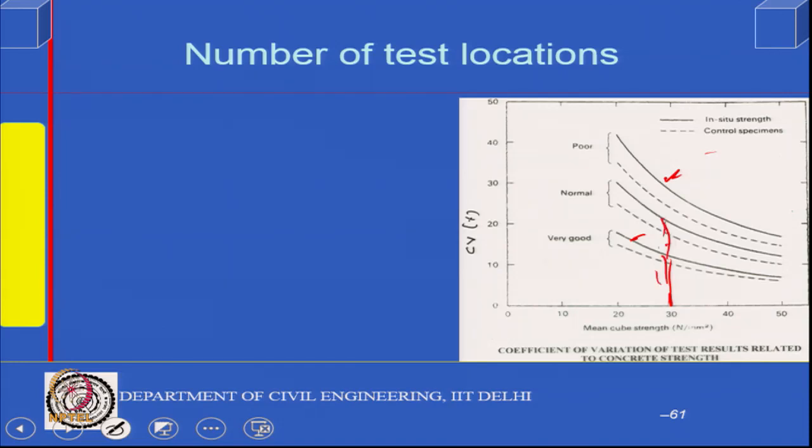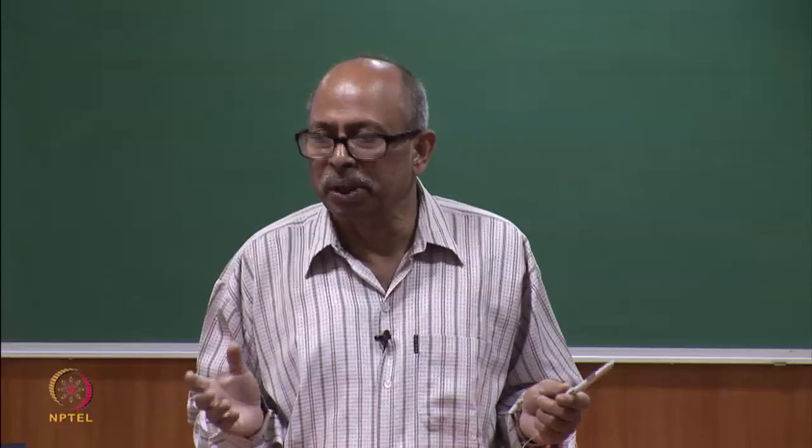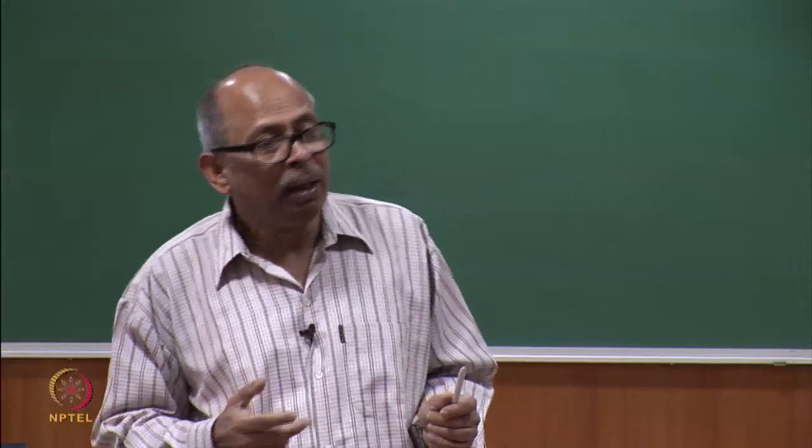Poor concrete, so if you know the grade or mean strength, then you can find out these values for very good concrete, for normal and for poor concrete, even if you do not have an idea about the standard deviation, because CV is nothing but standard deviation divided by mu or mean. So, SD divided by mean. Percentage is given, so you can get an estimate. This is from a book by Bungey and Millard.